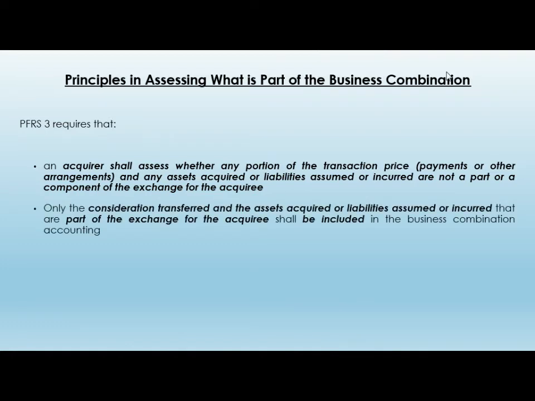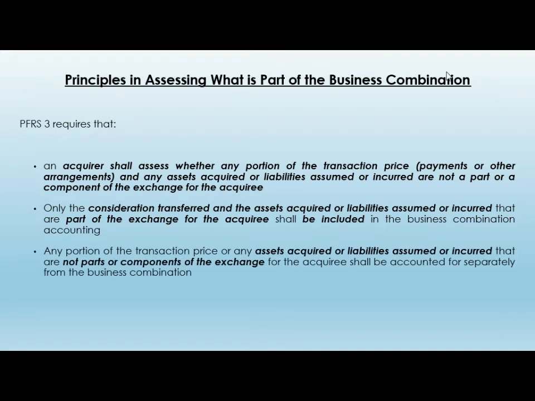Only the consideration transferred and the assets acquired or liabilities assumed or incurred that are part of the exchange for the acquiree shall be included in the business combination. Any portion that is not part of the exchange shall be accounted for separately from the business combination.